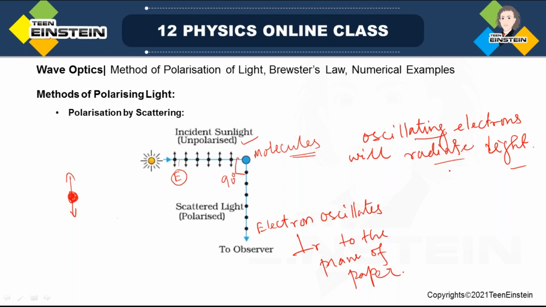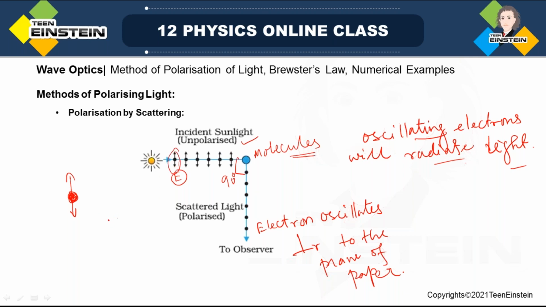The frequency of the radiated light will be the same as the electric field, because the electric field induces the oscillations of the electron. So it will radiate light of the same frequency.